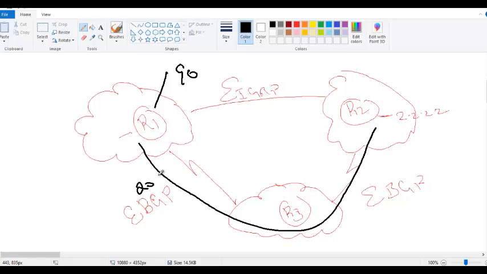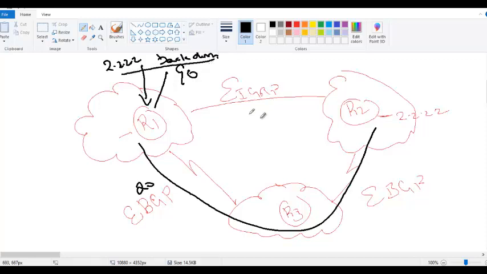This is where you will use backdoor. You will tell router 1, in order to reach the 2.2.2.2 network, use backdoor. That's all you will say.